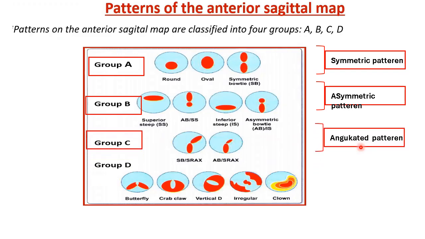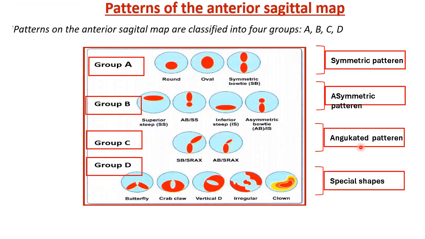Also, there is another group, the angulated group, where there is skewed radial axis deviation with or without symmetric bowtie. And the last group is the special forms of irregularities like clawing and vertical D and so on.